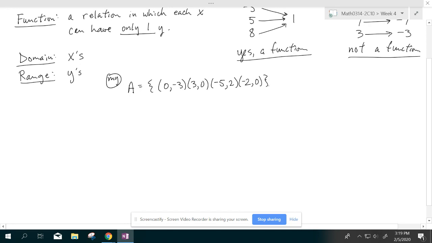There we go. This is my problem. And I'm going to ask you a few questions, okay? I think about 4 questions for this one. First question. Is that a relation? In other words, is it a set of ordered pairs? Yes. So yes, it's a relation.